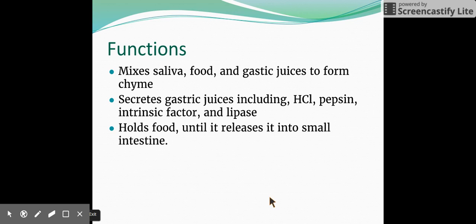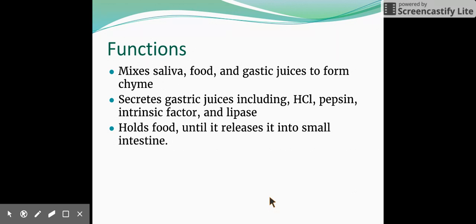So, functions of the stomach. The stomach is there to mix saliva, which remember is enzymes and mucus, food, and gastric juices, to form a substance called chyme. As soon as food enters the stomach and starts mixing with gastric juices, it is no longer called food.